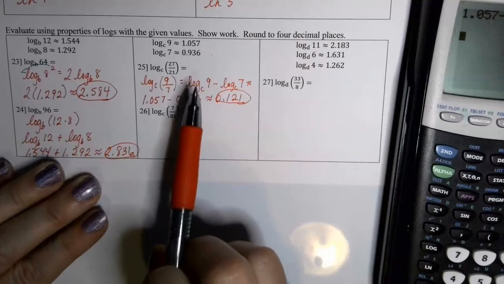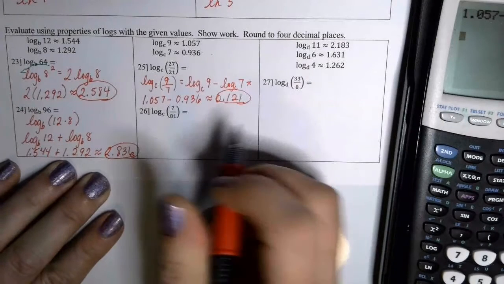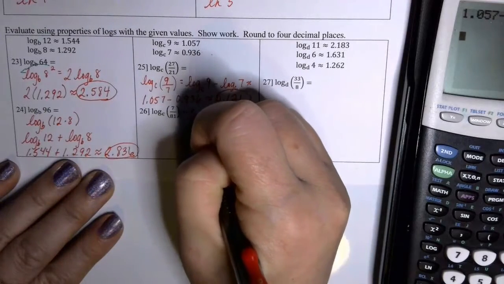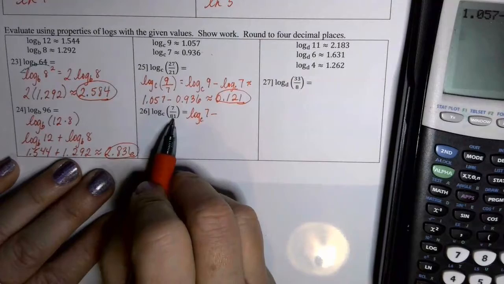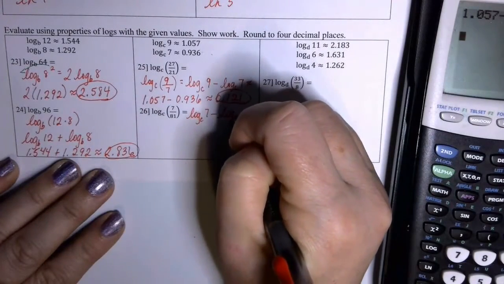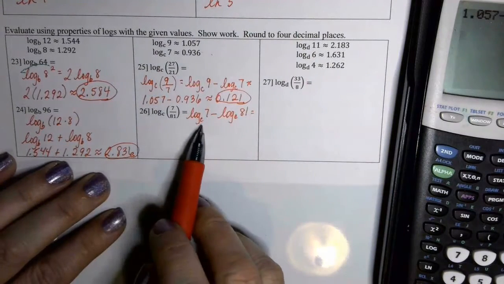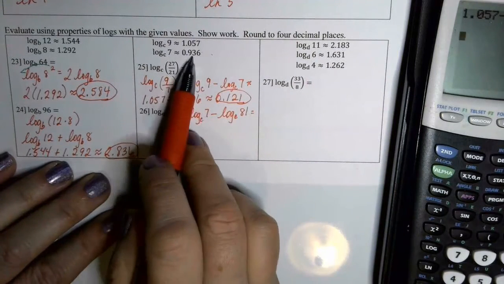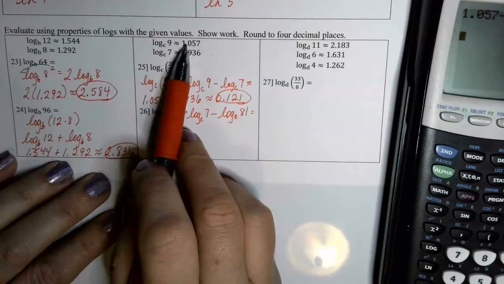And 7 is in the numerator, so using that quotient property again, we would have the log base C of 7 minus, and then the 81 here is in the denominator, so log base C of 81. Now the log base C of 7 we have an expression for, but the log base C of 81 we don't.